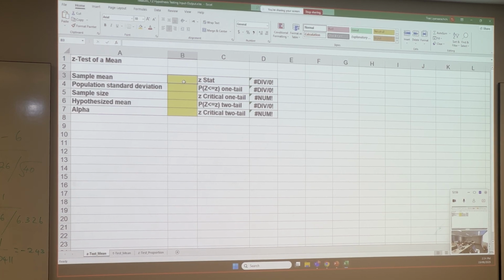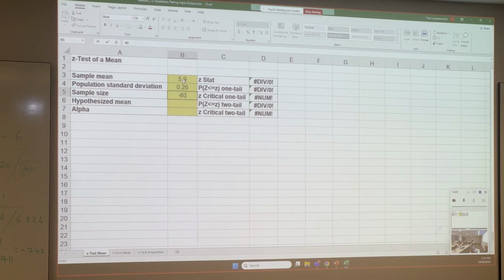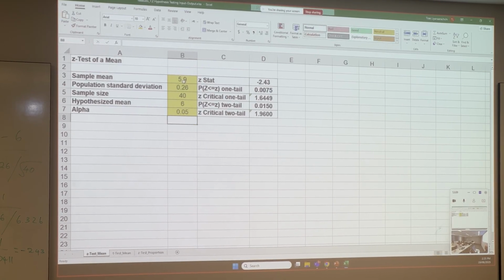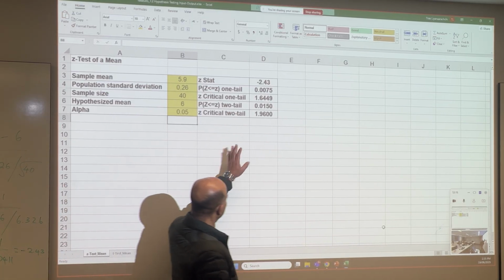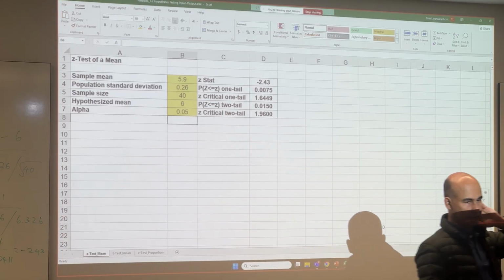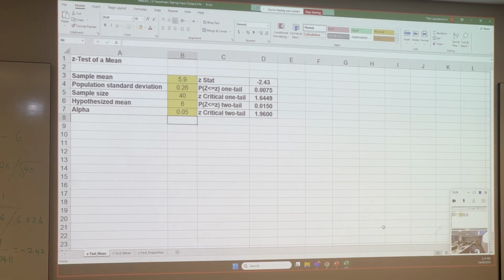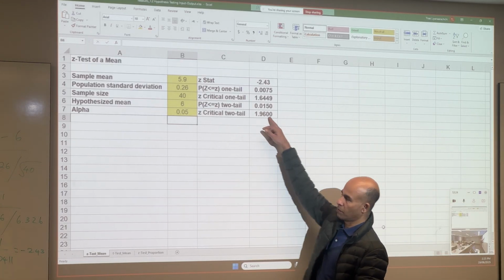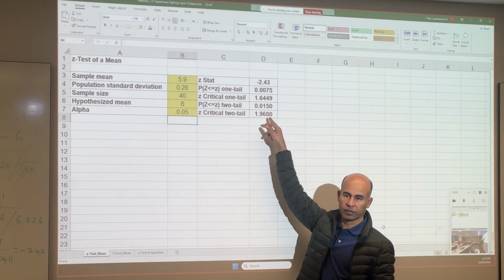Can you enter the sample mean? We got 5.9, and then population standard deviation 0.26, sample size 40, hypothesis mean 6, alpha 0.05. So you got these numbers. The Z is minus 2.43, and because it's less than minus 1.96, you reject the null hypothesis. This one won't tell you whether it's minus or positive, so you can assume it.